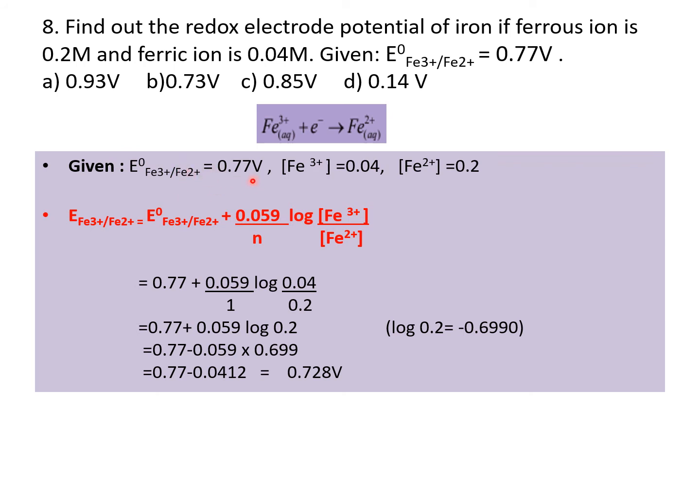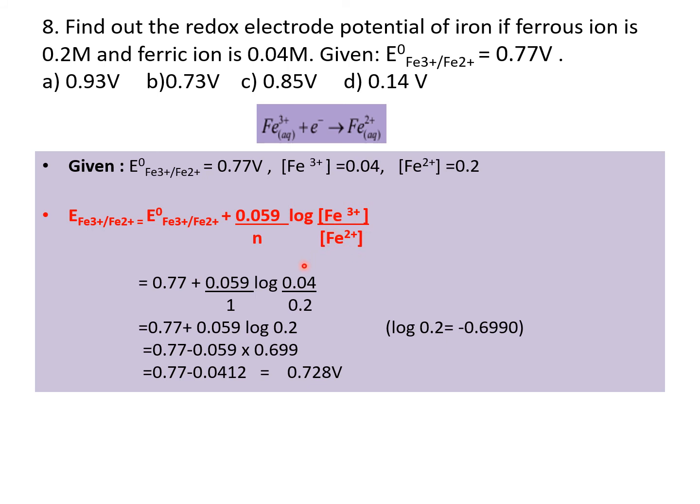The standard potential of this one is 0.77, plus 0.059 divided by 1, log of Fe3+ which is 0.04 divided by 0.2. Always first we need to write Fe3+ and then Fe2+, the reduction reaction, like that only you need to write.